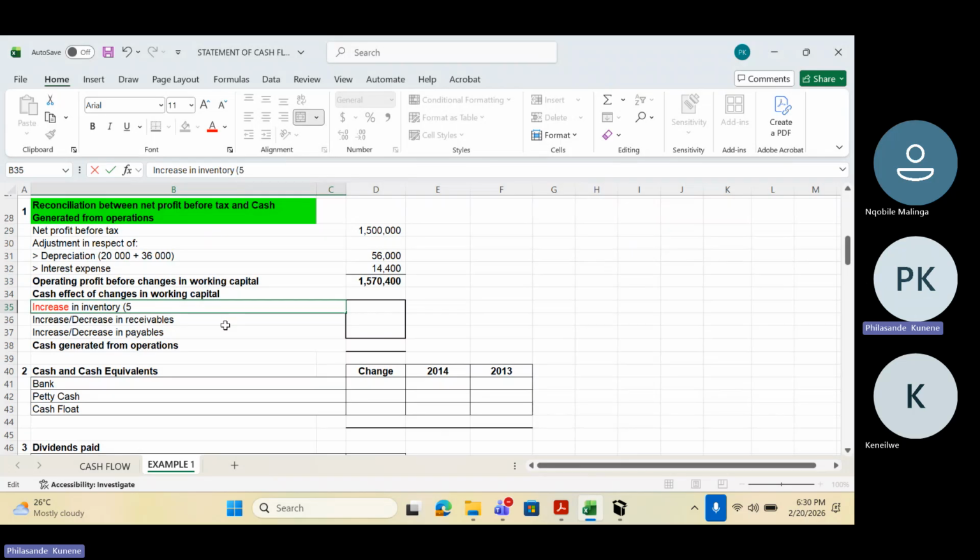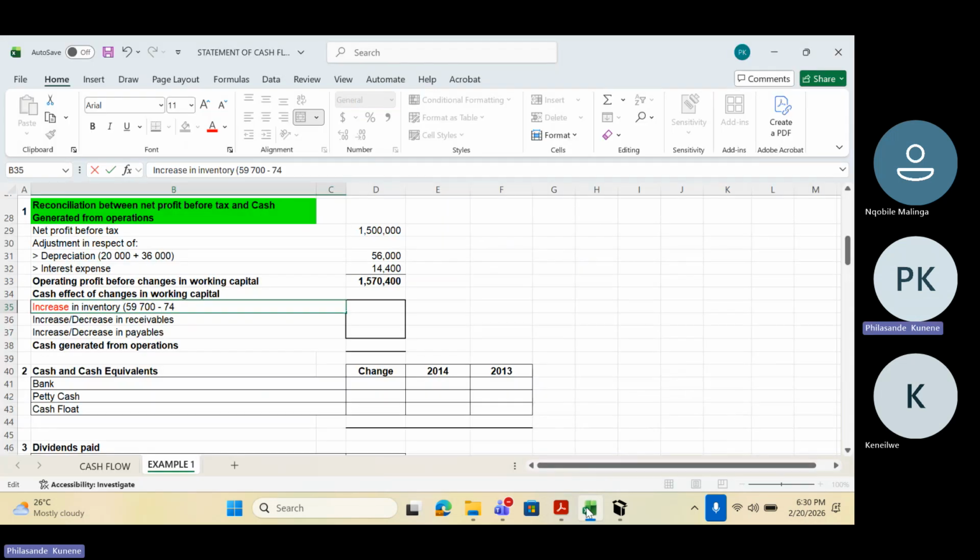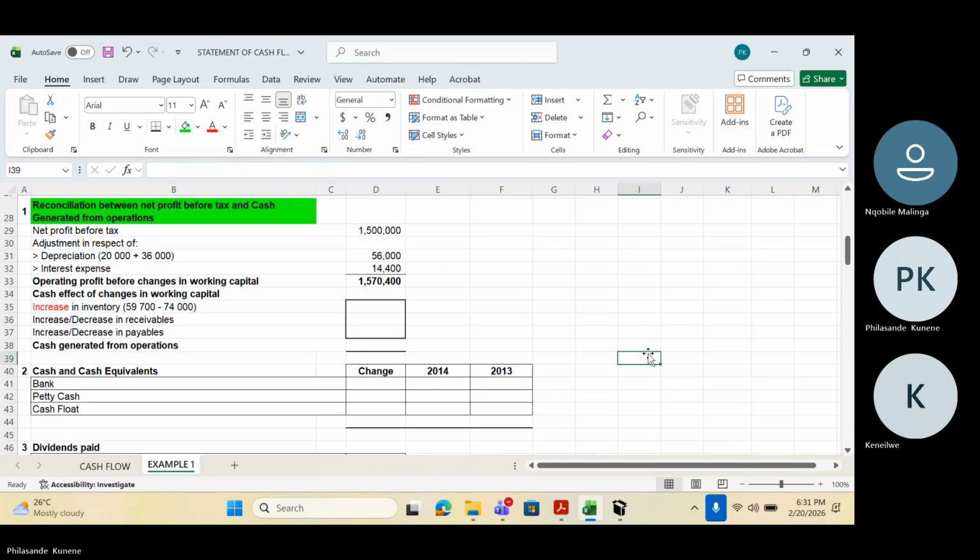So when the inventory is increasing, is that an inflow or an outflow of cash? Outflow.